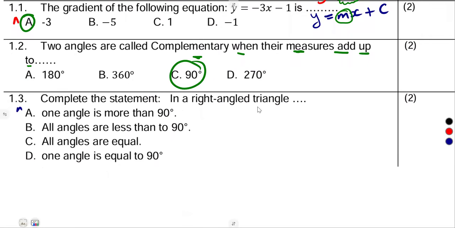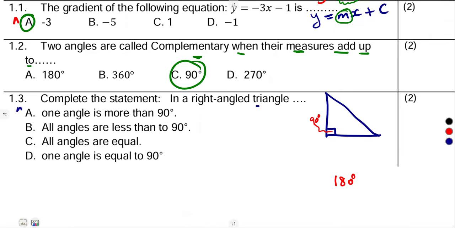Complete the statement. In a right-angled triangle, where there is a 90-degree angle, all right? One angle is more than 90 degrees. This is impossible, guys. It cannot be. We cannot have any other angle more than, because remember, angles in a triangle, they add up to 180.